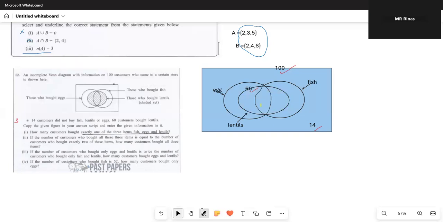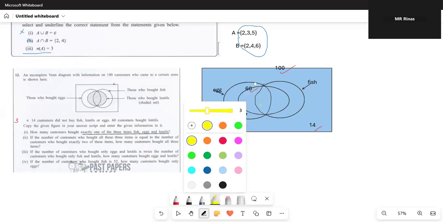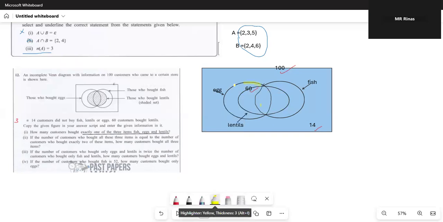So only the portion in this area. This area is representing the people who bought only the egg. So this portion will represent only the egg. Likewise, the next side represents only fish. The people who bought only fish are represented by this side.